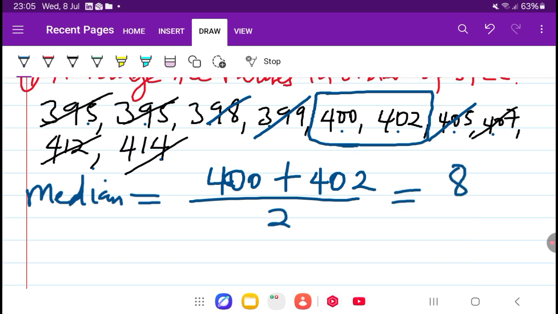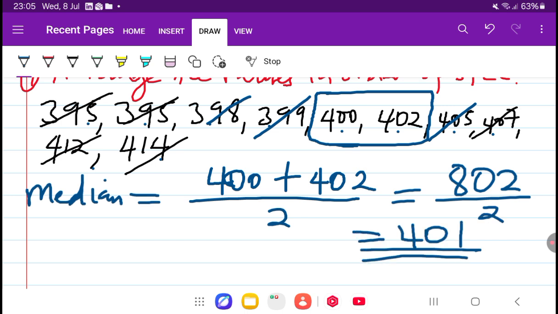Because this is going to give you 802 divided by 2, it gives you 401. Remember, these were pages, so you write it as pages. 401 pages will be your median.